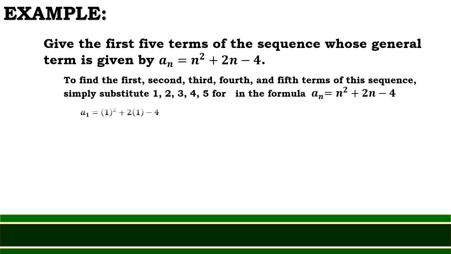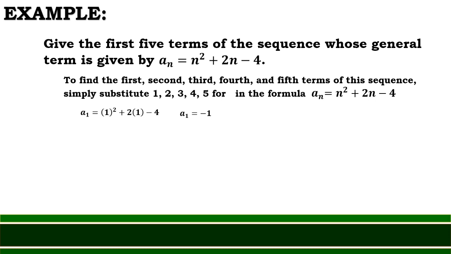For the first term, you have here 1 squared plus 2 times 1 minus 4. 1 squared will give you 1, 2 times 1 will give you 2. So 1 plus 2 will give you 3. Then 3 minus 4 will have negative 1.